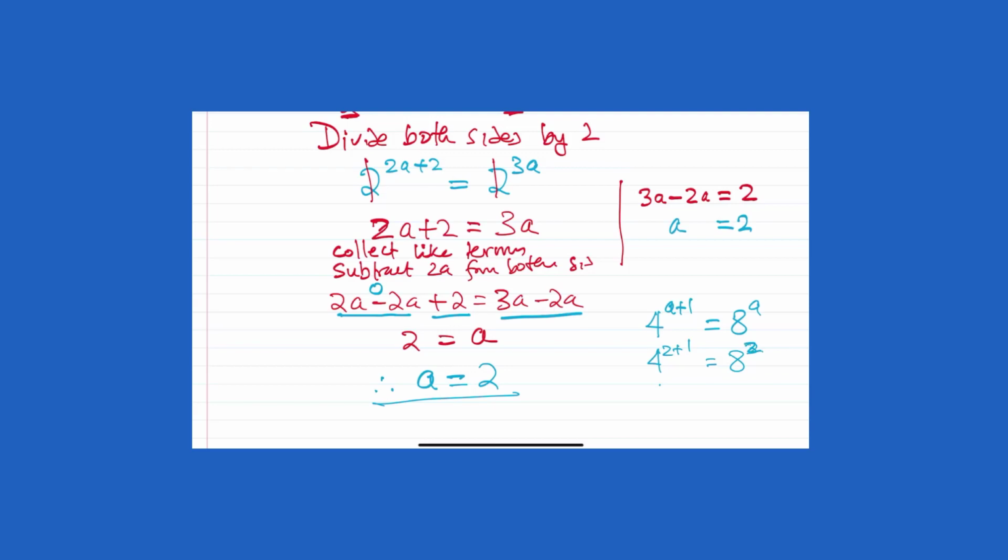So we have 4 to the power of 3, and that will be 8 to the power of 2 here. That's how we solve that. So 4 times 4 times 4, and then 8 times 8, 64, 64. And we move on from there.